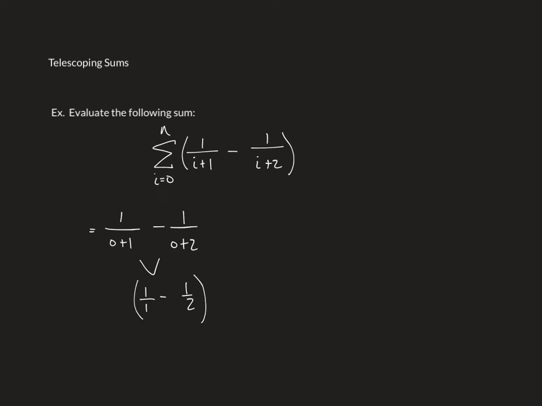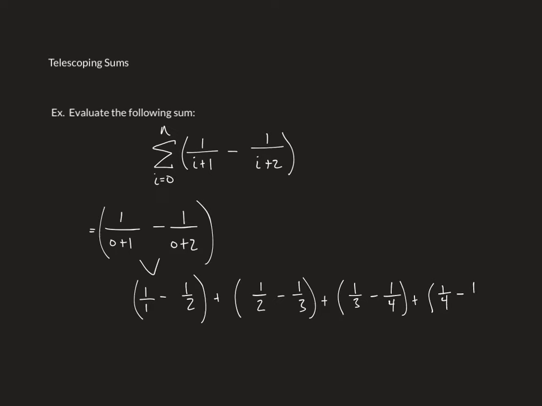Okay? So then the next term is going to be what happens when we plug in a 1. All right, so when we plug in a 1, that first fraction is going to be 1/2, and that second fraction is going to be a third. And when we plug in a 2, first fraction is going to be a third, second fraction is going to be a fourth. All right, and this is going to continue.